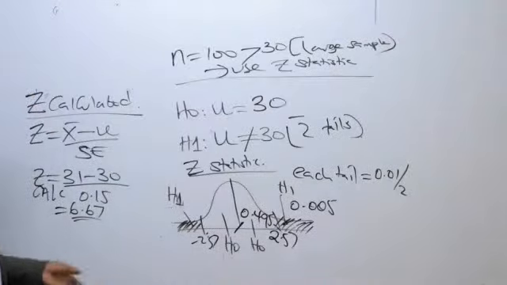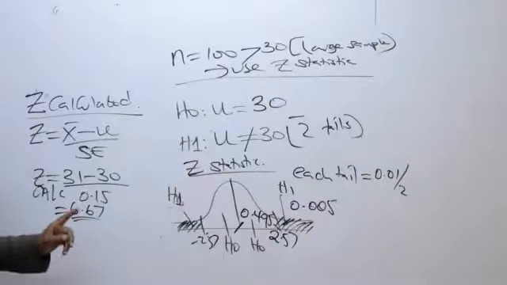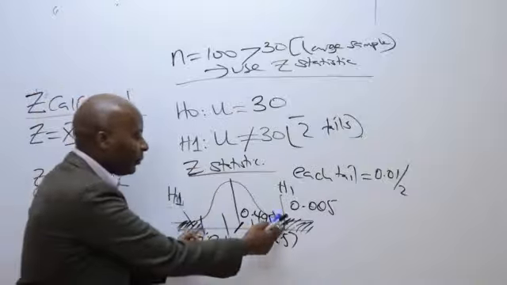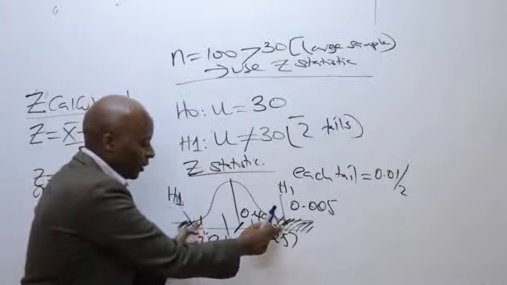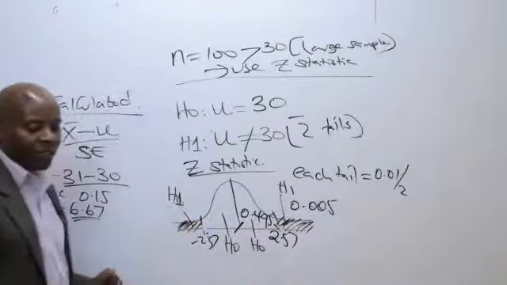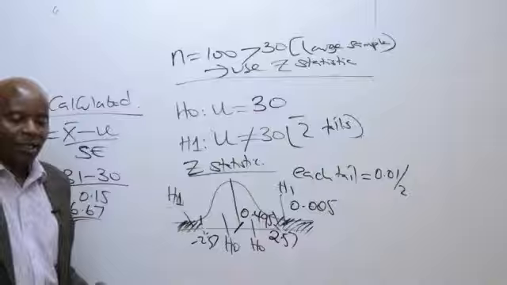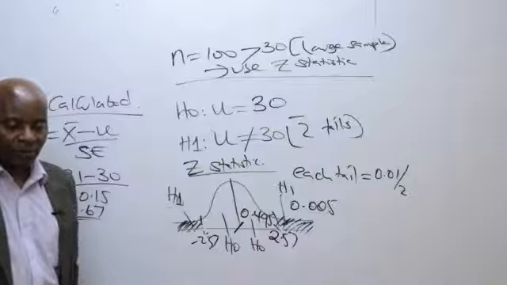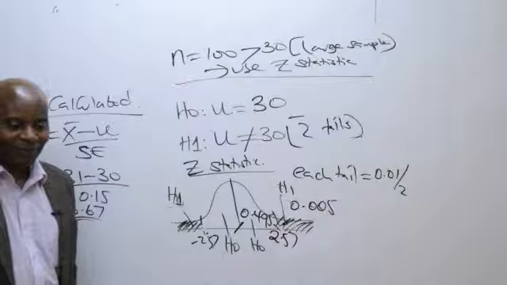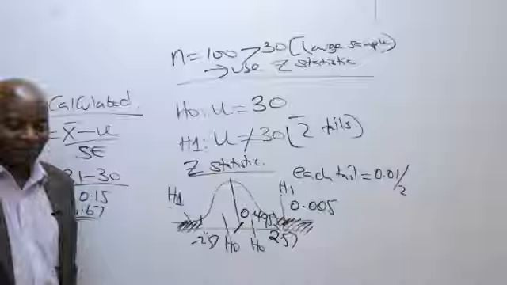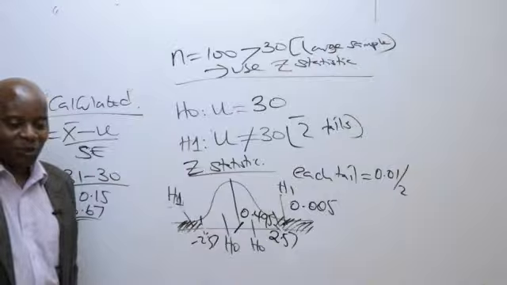Yes, we compare this 6.67. Look at this thing keenly. 6.67 falls in H0, isn't it? 6.67 falls right there at the middle. Is that true? Where does this 6.67 lie?